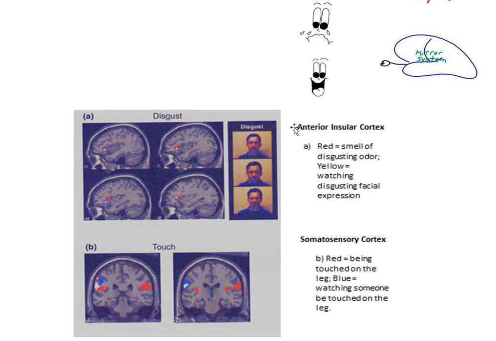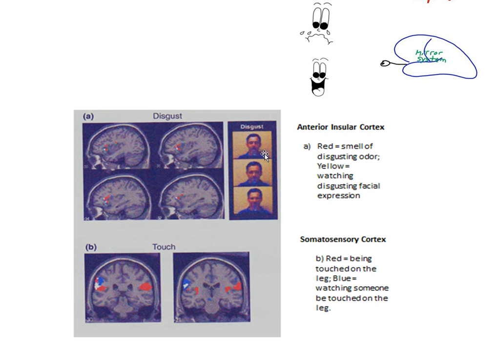So, like we did in class, if you were to smell something foul, you would maybe scrunch up the nose and show that facial expression of disgust. Well, the anterior insular cortex becomes active when we ourselves are experiencing disgust. But it also becomes active when we just watch another person showing the facial expression of disgust.